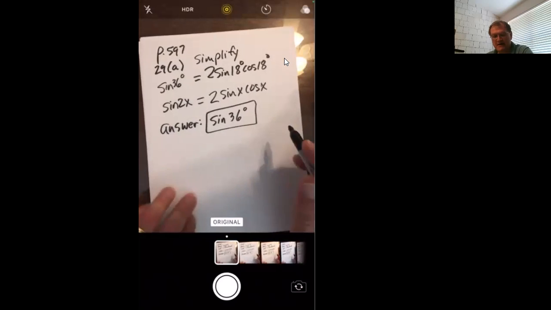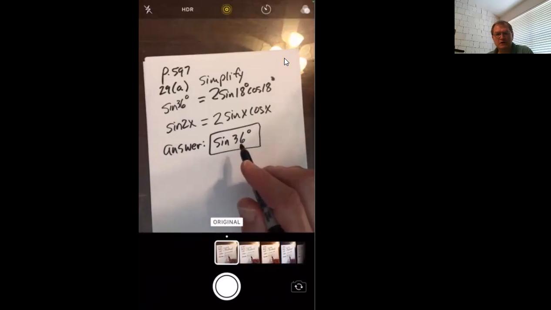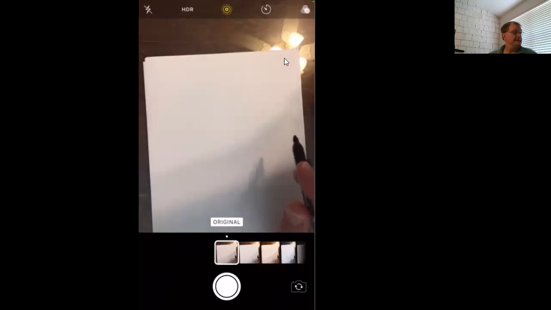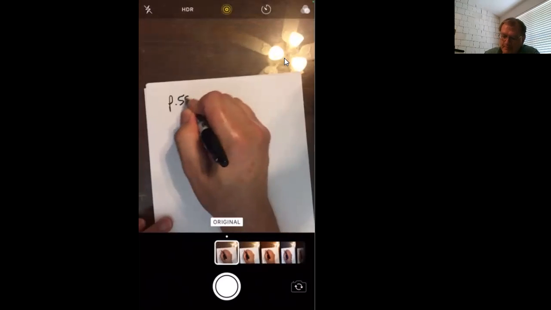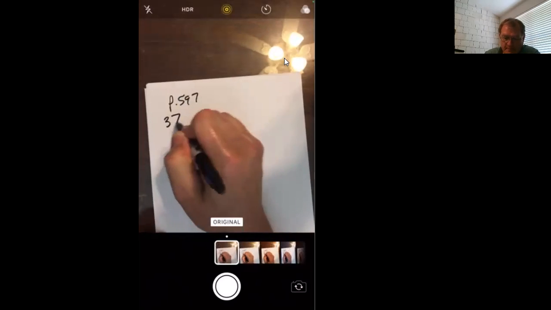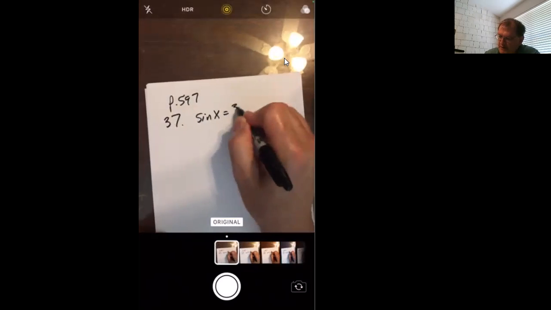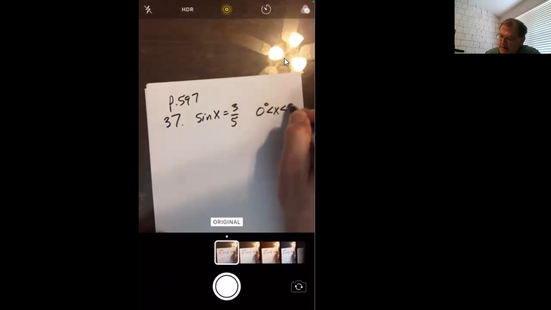Something like 37 mirrors the very first section. They give you a situation and they want you to find sine of x over 2, cosine of x over 2, and tangent of x over 2. Sine of x is equal to 3/5, 0 degrees less than x less than 90 degrees.